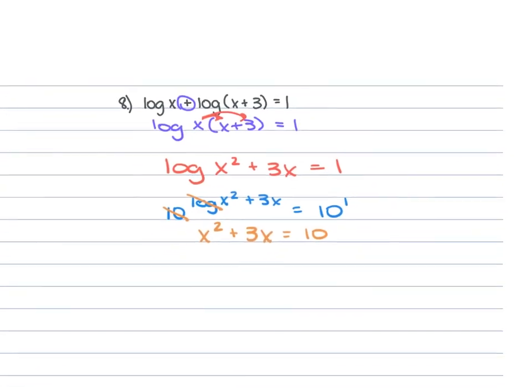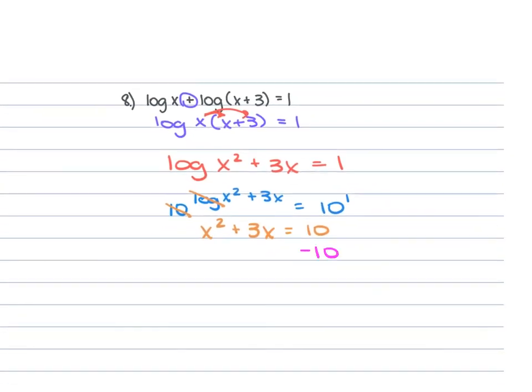We want to move that 10 over because we have an x squared, so we're going to factor by grouping. We're going to have x squared plus 3x minus 10 is equal to 0. Your factors of that negative 10 that add up to be 3. We have a positive 5 and a negative 2, which is going to give us 3.